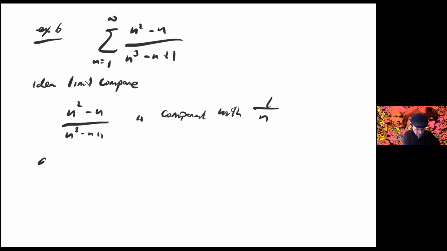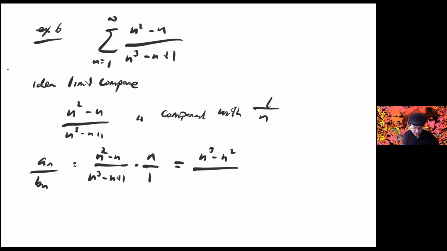So I have to take a sub n over b sub n. So that's n squared minus n over n cubed minus n plus 1, and then divide by b sub n, but that's like multiplying by the reciprocal of b sub n. So that's n over 1. And this is going to give me n cubed minus n squared over n cubed minus n plus 1. Now what happens as n goes to infinity, the dominant terms matter, and this approaches the quotient of the coefficients in front of the n cubed.